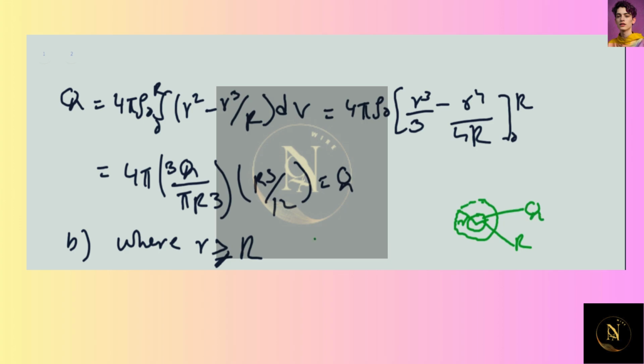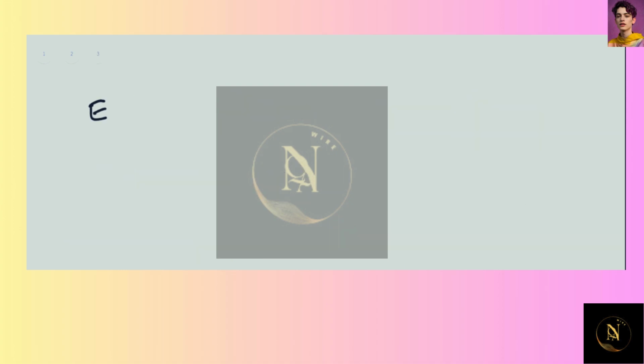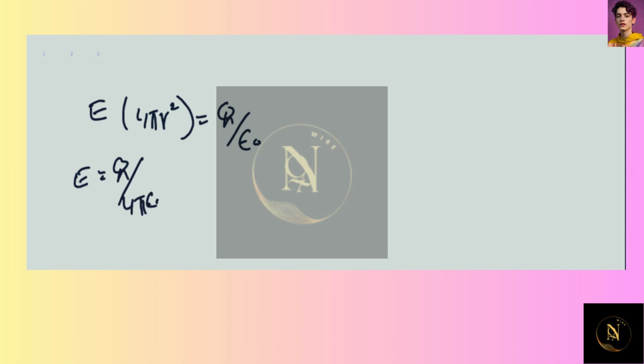Then we know phi E is equal to charge enclosed divided by epsilon. Then we can write E, the electric field, times 4 pi r squared is the flux, that is the total charge Q divided by epsilon, and this gives us the electric field E to be Q divided by 4 pi epsilon r squared.